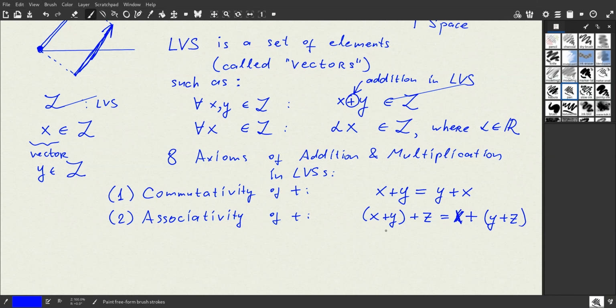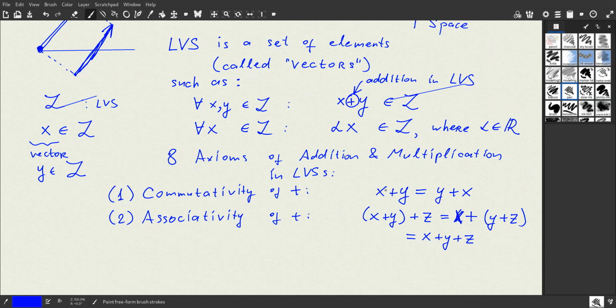And for this reason, addition does not depend on either order or grouping of vectors. We can always write a sum of 3 vectors as x plus y plus z, and it doesn't really matter in which order they are written, very much like for real numbers.